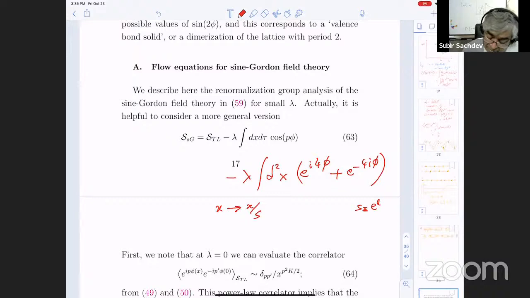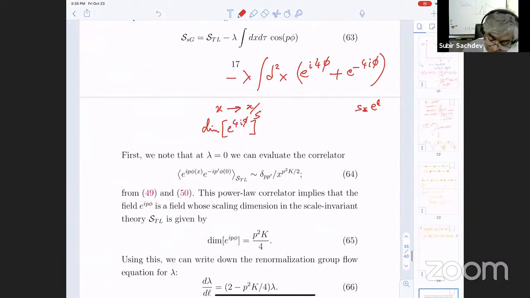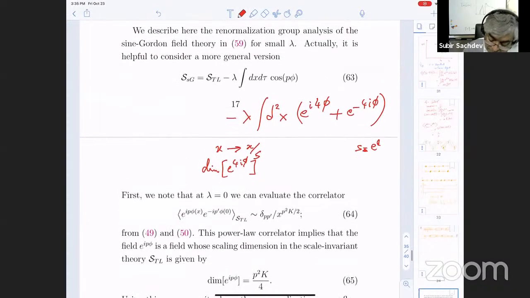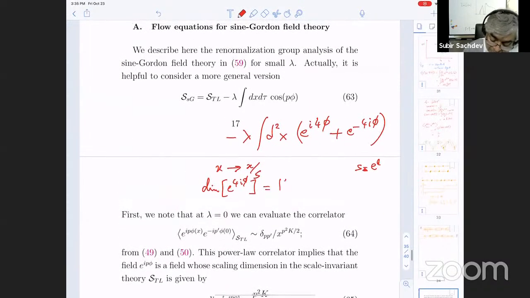And then the e to the 4i phi, we just computed its dimension under rescaling. Well, you put p equals 4, it's 4k. And this tells you the dimension of x is -1.